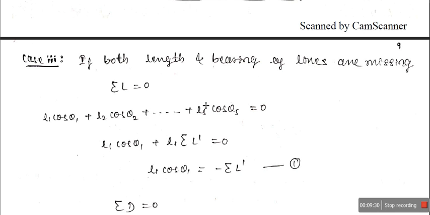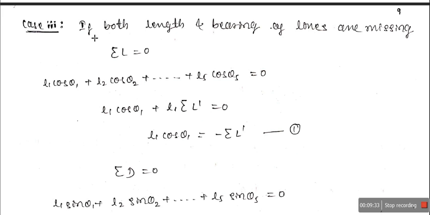Next, case 3. Case 3 means what? If both length and bearing of that line are missing. In the previous 2 cases only length is missing or theta is missing, but in this case for the AB line, the length of the line as well as the bearing of that line is missing.